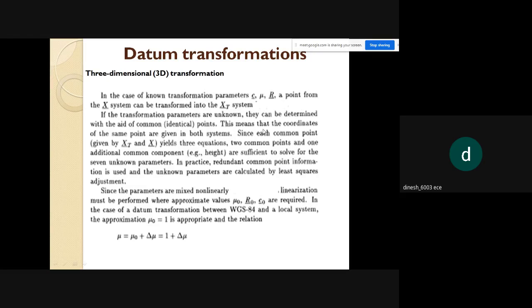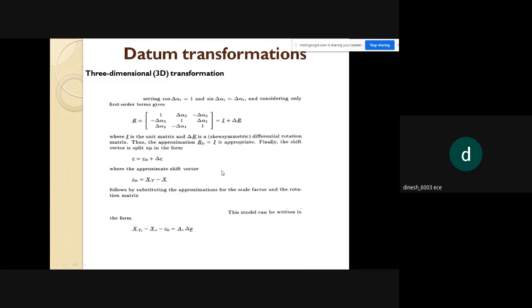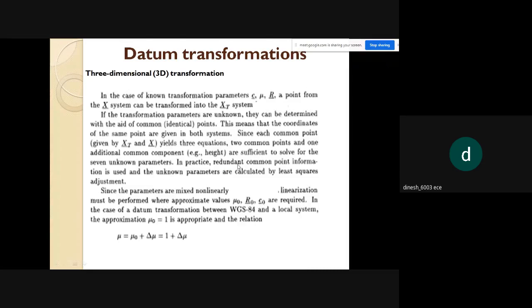At the same point in both systems we can identify xt and x, which will give us three equations. So two common points will give us additional information to solve the unknown parameters.